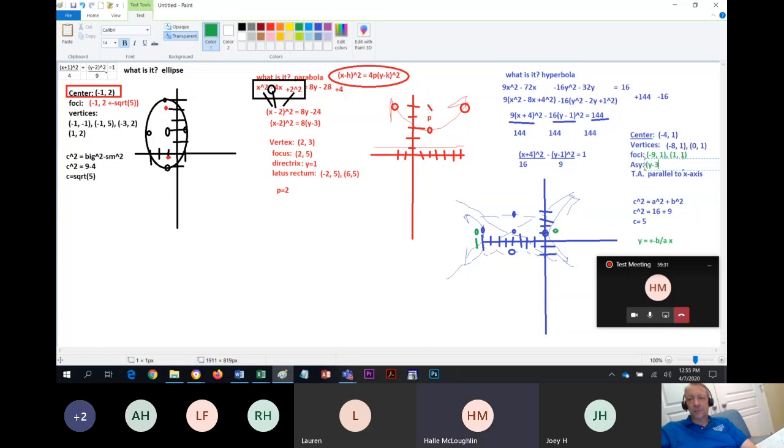That's not right. My center is at negative 4, 1. So it's going to be y minus 1 equals, and then I've got my b over a, which is going to be 4 over 3. No, it's going to be 3 over 4, times x minus negative 4, which is going to be x plus 4. Does that make sense?